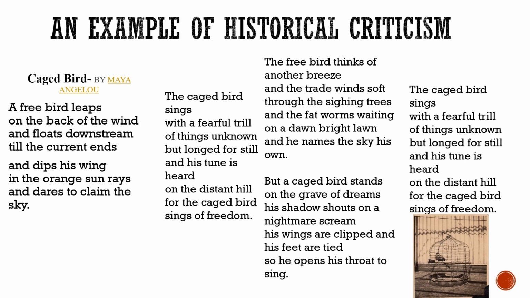Fat worms waiting on the dawn bright lawn, and he names the sky his own. But a caged bird stands on the grave of dreams. His shadow shouts on a nightmare scream. His wings are clipped and his feet are tied, so he opens his throat to sing. The caged bird sings with a fearful trill of things unknown but longed for still, and his tune is heard on the distant hill, for the caged bird sings of freedom.